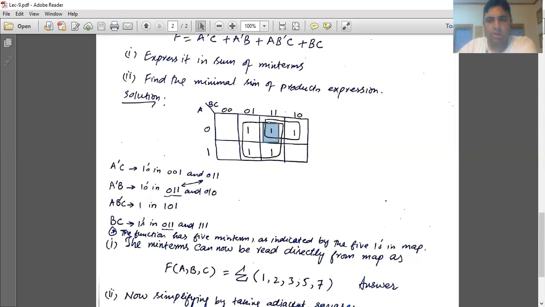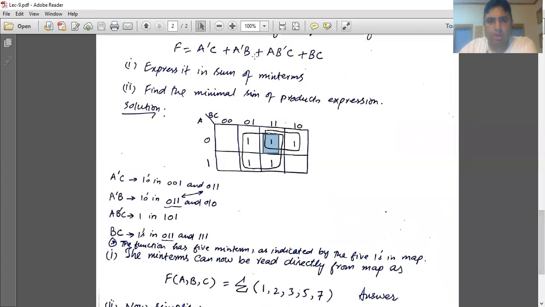Next term is a bar b. So a bar b means a is 0, b is 1, and c is not given. So we can take c as 1 or c as 0, and we will put 1 in both of them. So c can be 1, 0 1 1, or c can be 0, 0 1 0.